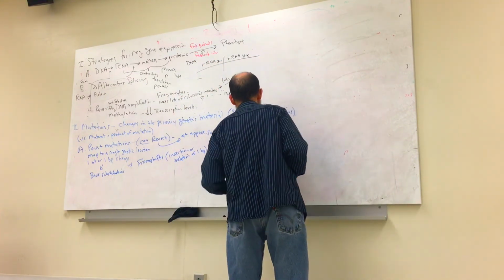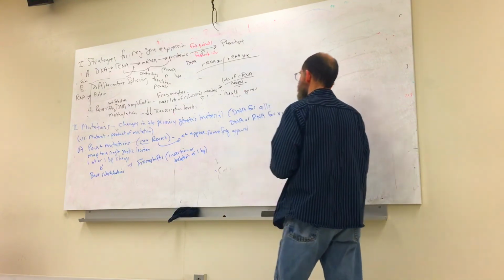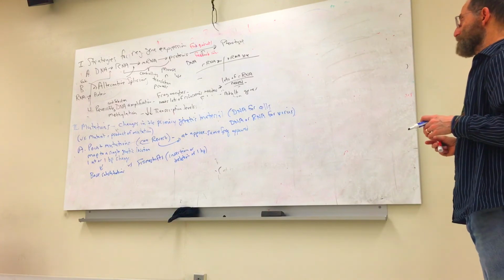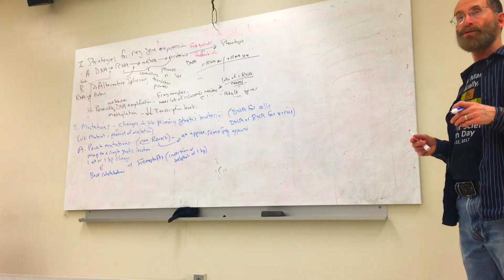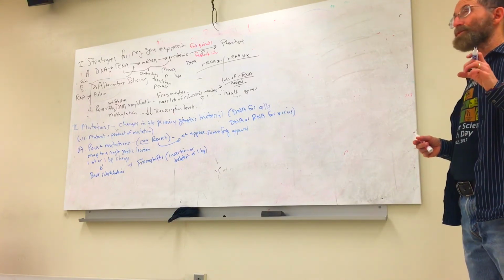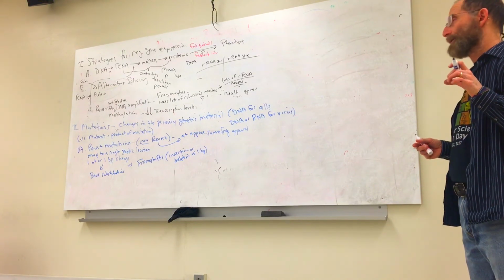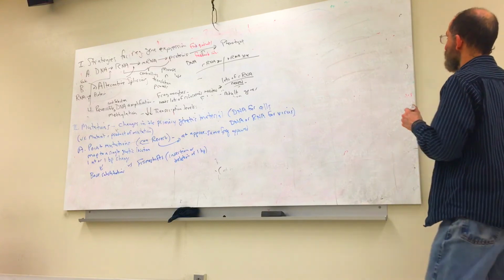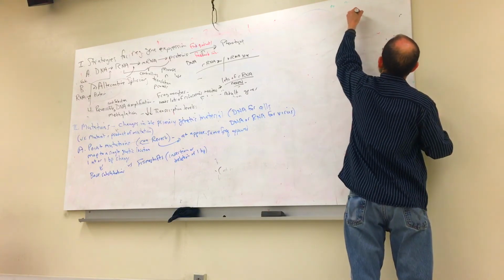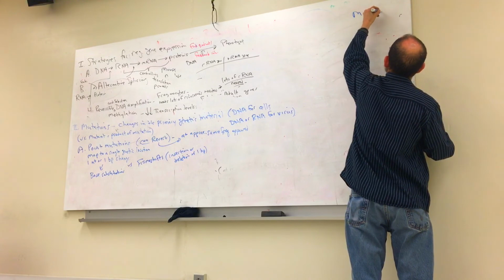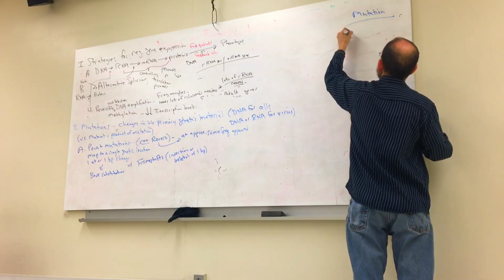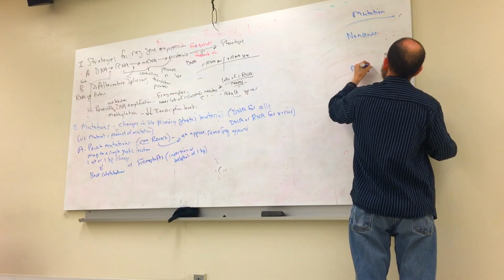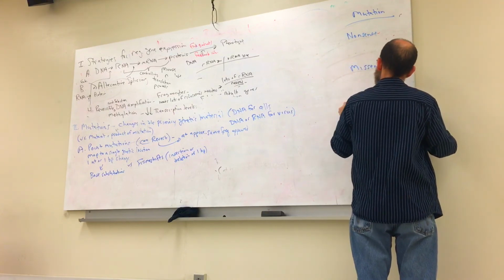The other thing that we talked about was that as a result of these kinds of point mutations, there are different kinds of specific changes that occur typically when we're talking about proteins. Okay, so we have a nonsense mutation, missense mutation, and silent mutations.